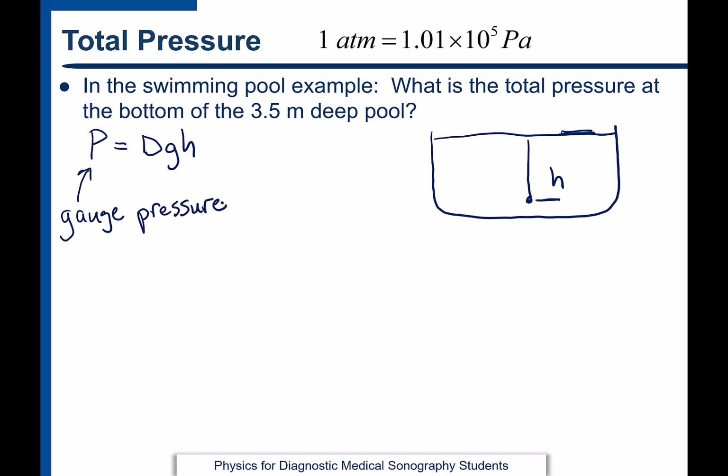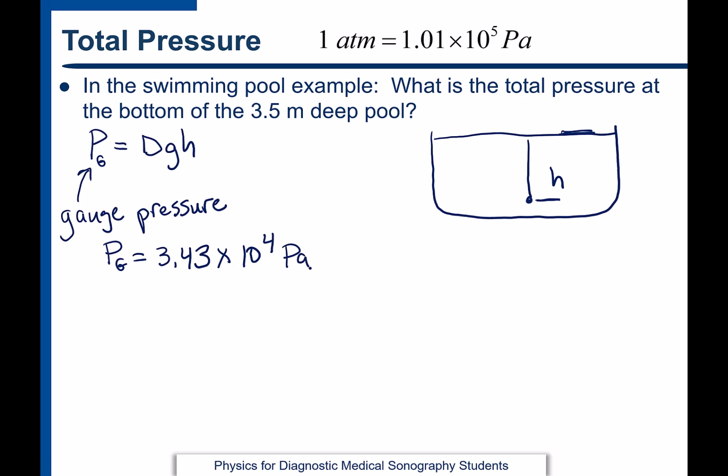So it says, what is the total pressure at the bottom of the 3.5 meter deep pool? Well, we figured out that the gauge pressure previously was 3.43 times 10 to the fourth pascals. So that's what we determined before.